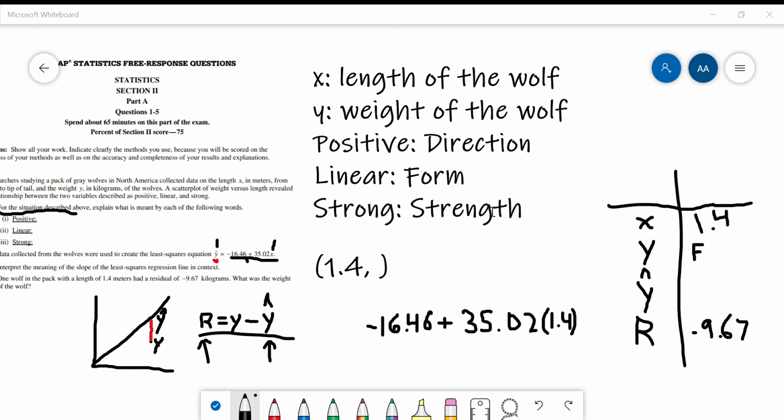So we can put in 35.02 times 1.4 minus 16.46. And this is our y value, or y predicted at least.